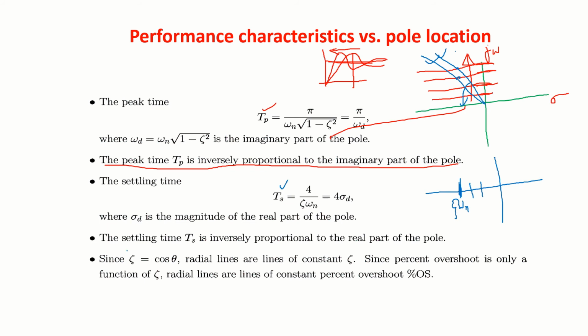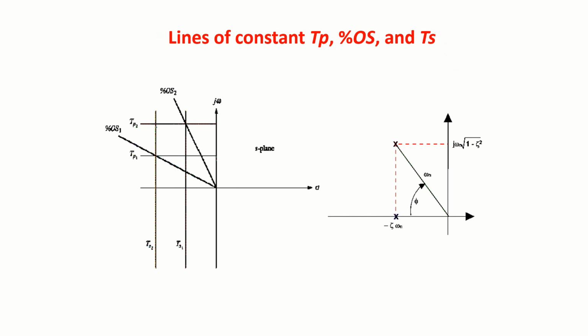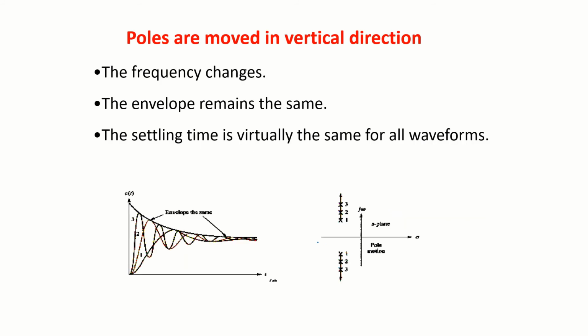Correct now? So Ts is inversely proportional to the real part of the pole. So you can say these are all constant settling time lines. So that's how I have got it. You have understood all these things.